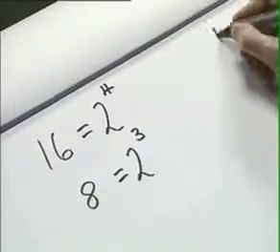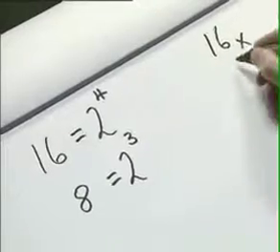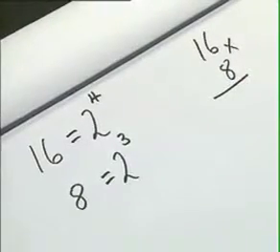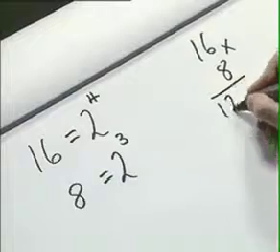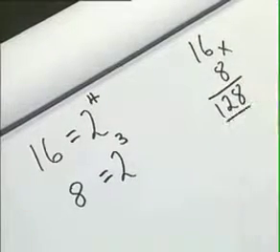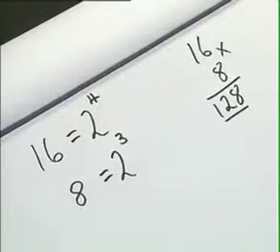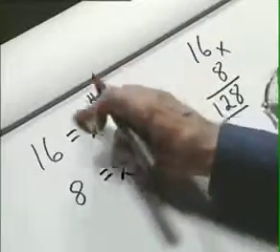Well, one way of doing it would be long multiplication. And we can do that, and the answer is 128. But there is another way. Rather than having to go through this multiplication sum, which, if the numbers were other than 16 and 8, would be very long, can we not make use of the way we've expressed these?